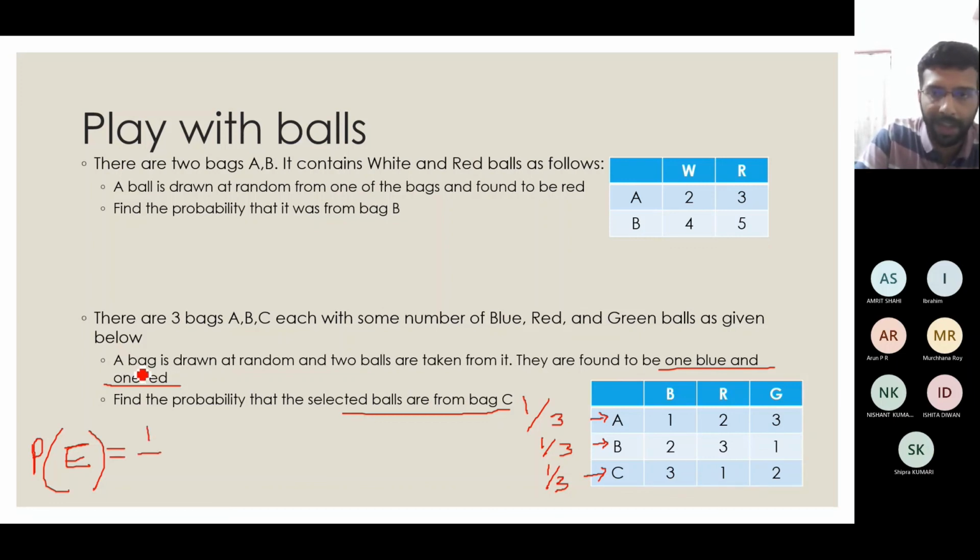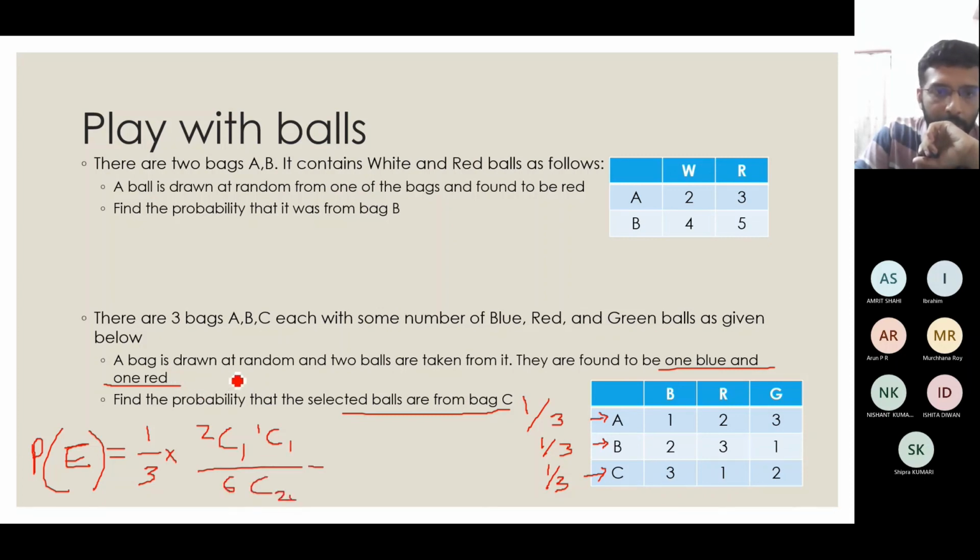From bag A, I can choose with a probability 1/3. Out of that, I have 1 blue and 1 red, right? So I need to use combinations here. Out of the 2 red balls, I have to choose 1, and out of the 1 blue ball, I have to choose 1, and the total number of balls is 6C2.